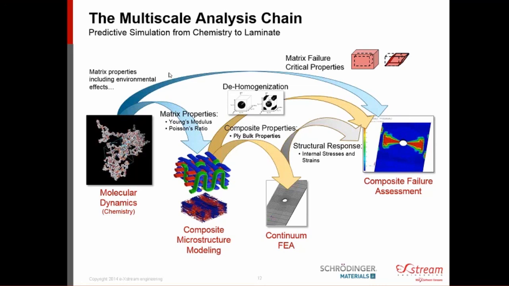So the things that we're talking about there are the modulus, the Poisson's ratio, the thermal properties, the Tg, all of those things that are required to build up the composite microstructure and to deduce lamina properties, and they can be computed for the matrix at the molecular dynamics level.